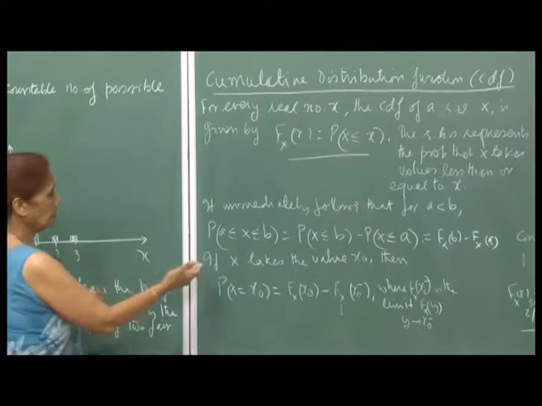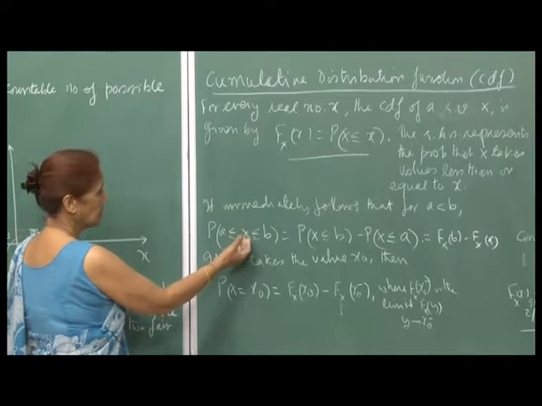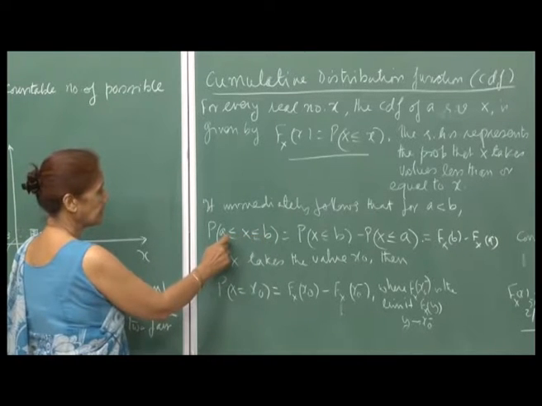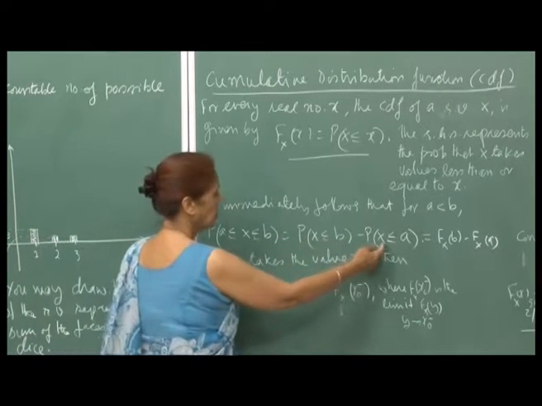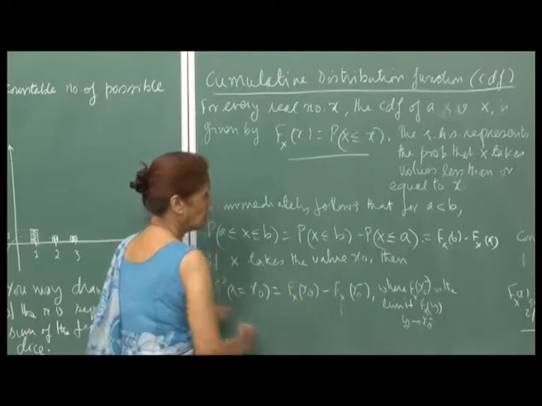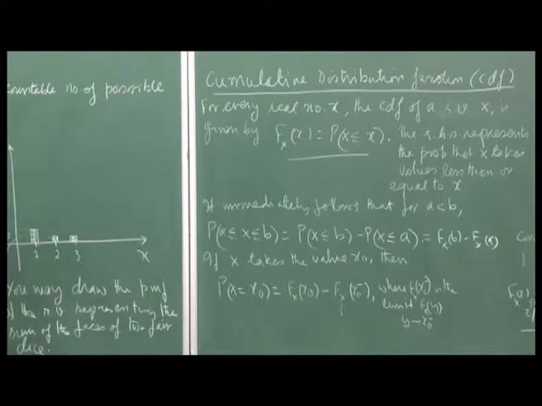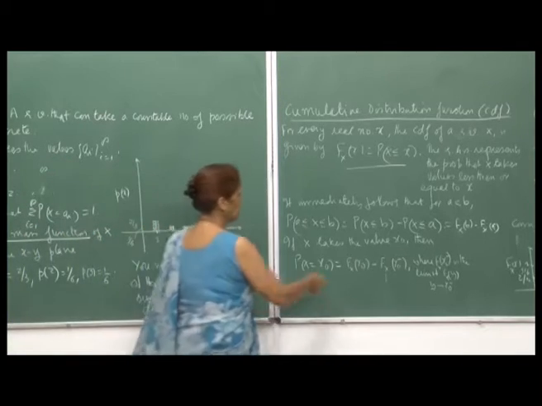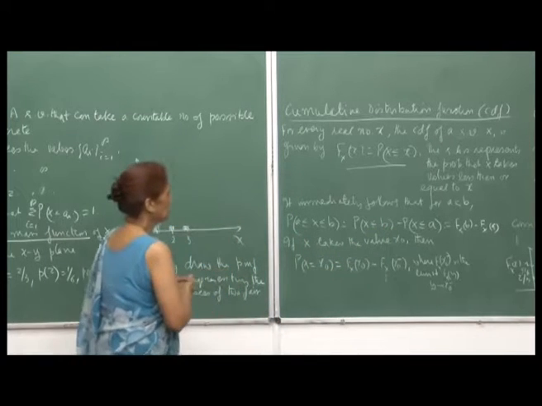You can immediately see, because here this is equal to the event that x is less than or equal to b and x is greater than a. So, x greater than a is the opposite of x less than or equal to a, therefore minus x less than or equal to a.